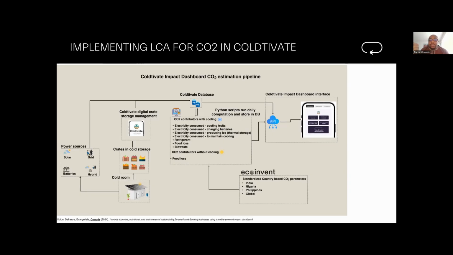CO2 emissions. Now, with cooling, this includes electricity used for cooling fruits, charging batteries, producing ice for thermal storage, and then maintaining temperature, right? We also track the refrigerant leakage, food loss, and bio waste. So, for comparison's sake, we separately track emissions from food loss in scenarios without cooling, right?